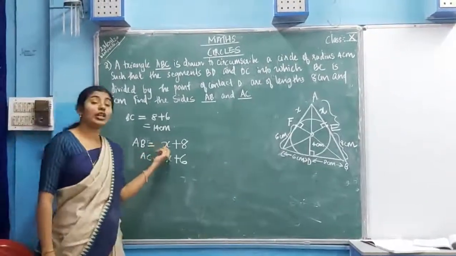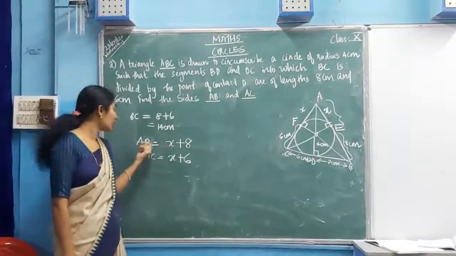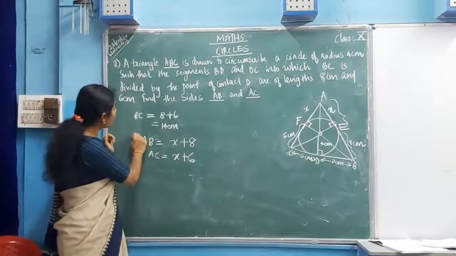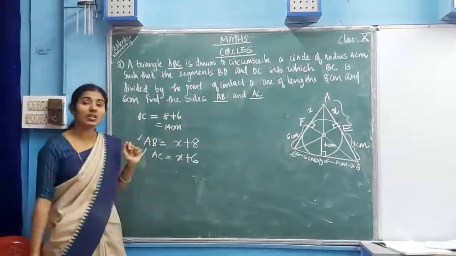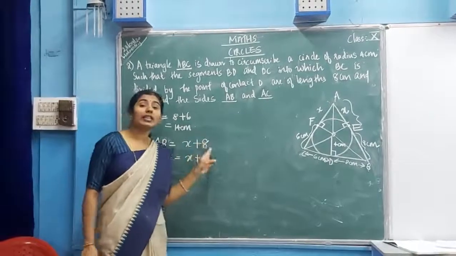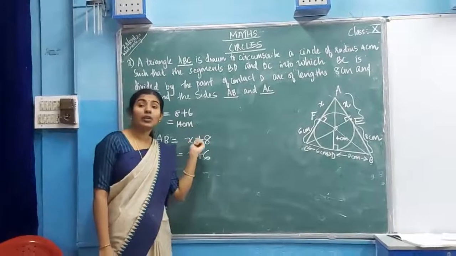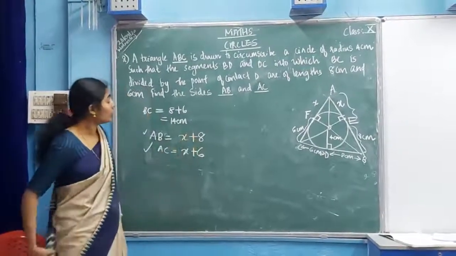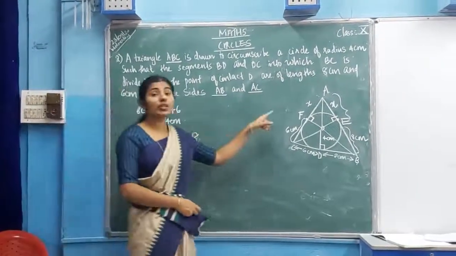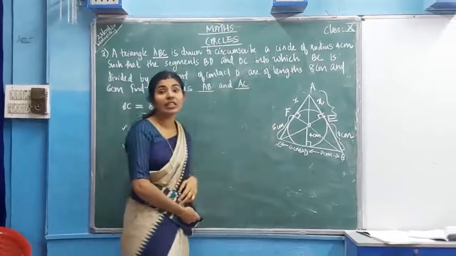Now if you find the value of x, you can easily find the two sides AB and AC of this triangle. So how will you find the value of x? To find the value of x, we can use Heron's formula for this triangle.